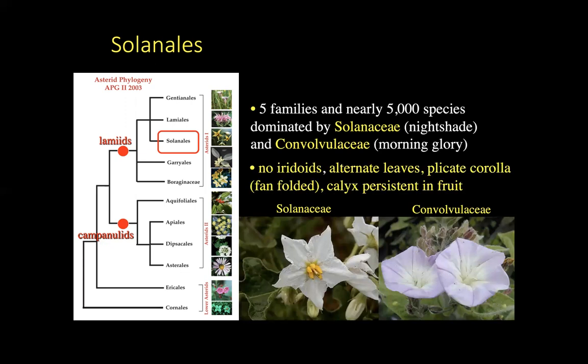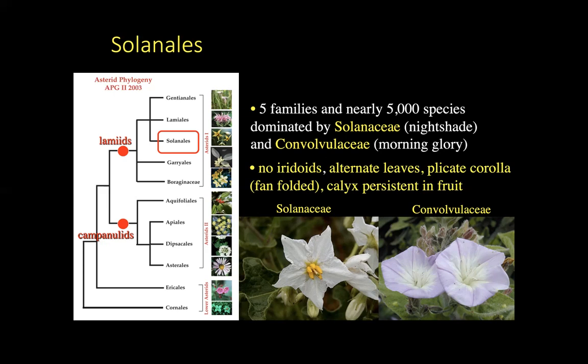Okay, what unites the Solanaceae? They lack iridoids, which are found elsewhere in the asterids. Now we actually have an alternate leaved group, and the corolla is what's called plicate in bud, which is fan folded. So if you've ever, like a kid folding paper to make a fan, back and forth and back and forth, think like that.